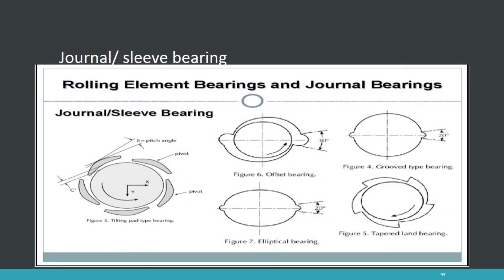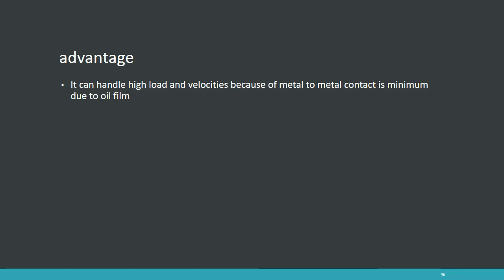So the journal sleeve bearing is basically not like the previous. We basically have two parts. We have the journal over here, and here's where the metal to metal contact will occur. The advantage of a sleeve bearing is basically it can handle high loading velocities because the metal to metal contact is minimum due to the oil film.